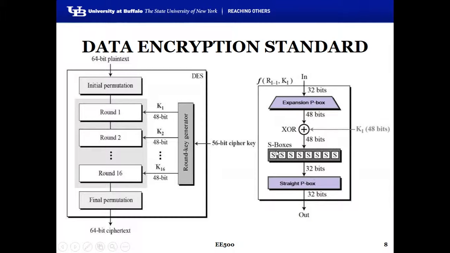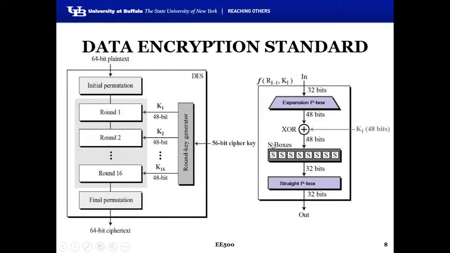Now S boxes are nothing but confusion creation. So they're confusion boxes. P boxes are known as diffusion boxes and S boxes are known as confusion boxes. There are 8 of them, and they take 6 bits each. So 48 bits are divided into 6 bits each, so it's 8 times 6.